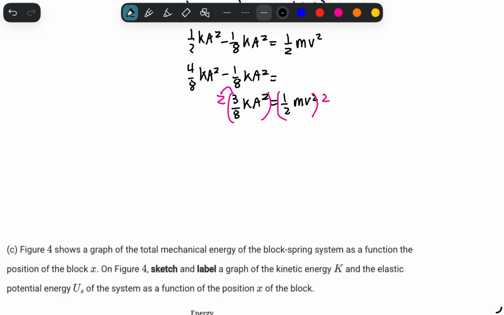We get 3/4 k a squared, and we have mv squared over here.